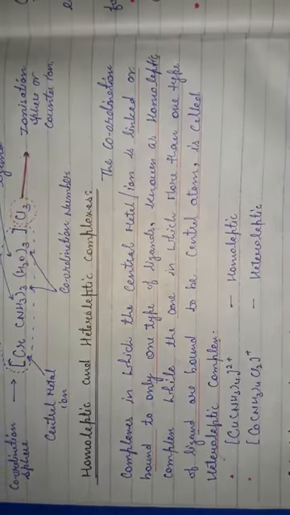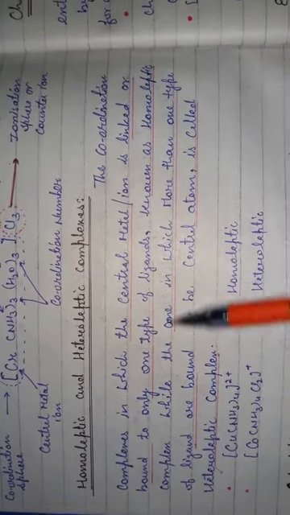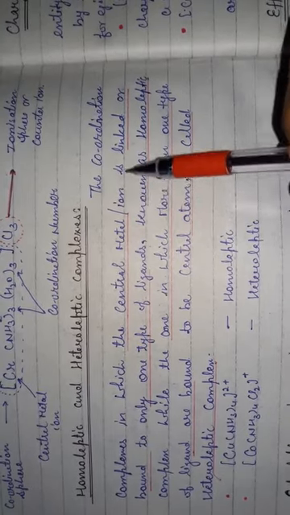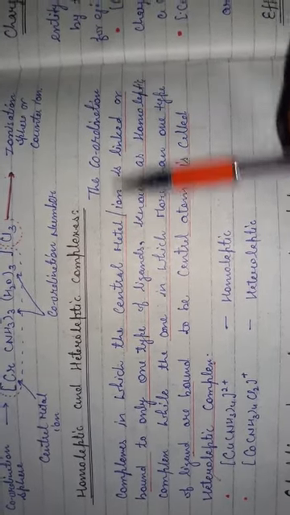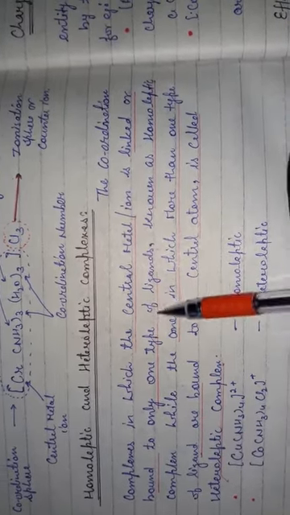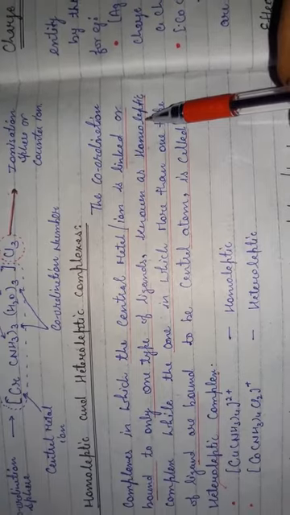Next are homoleptic and heteroleptic complexes. A coordination complex in which the central metal atom or ion is bound to only one type of ligand is known as a homoleptic complex.